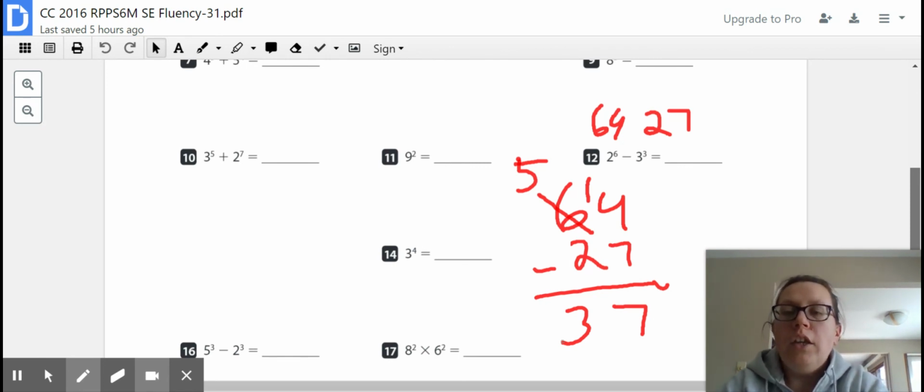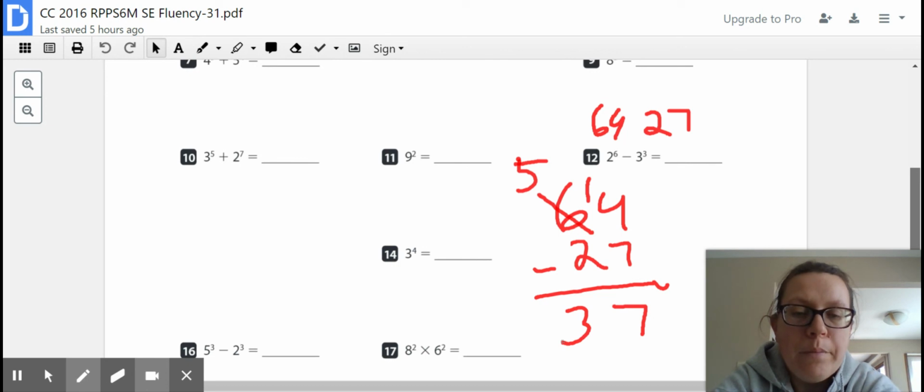So when you are doing these problems, friends, I would suggest that you have a calculator handy, one that you can put exponents into. And if you are unable to do that, make sure that you write out the repeated multiplication and that you have the base number written out the correct number of times.